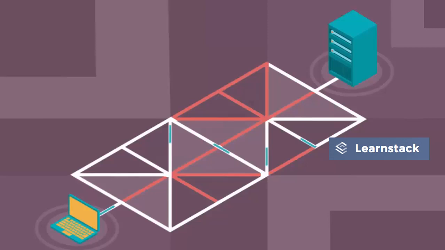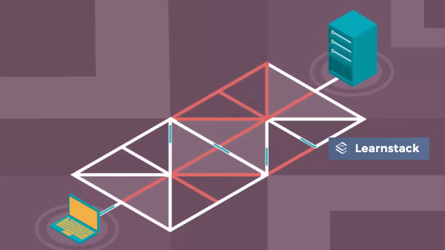And as you can see, the blue lines show the data packets. So it's not necessary that all the data packets will follow the same path. Depending on network congestion and other factors, data travels from separate paths but reaches the same destination.